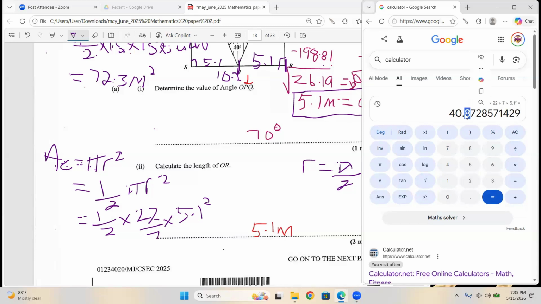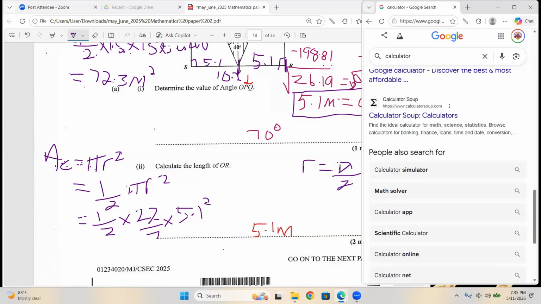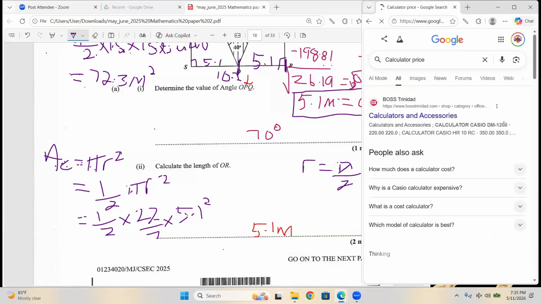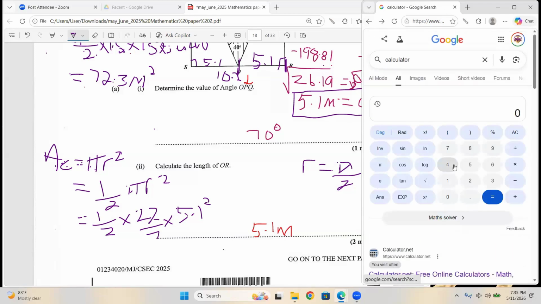I think I'll write it to one decimal place, which means since 7 is 5 or greater than 5, we have to add 1 to the 8. Anyhow, it would have been 40.9, right?